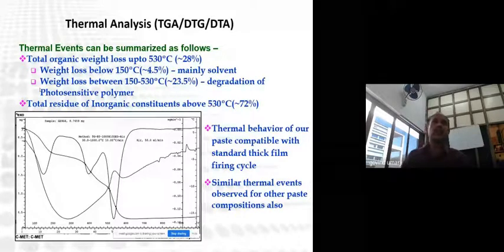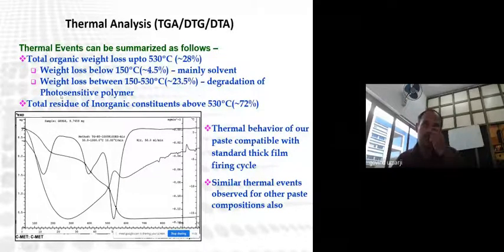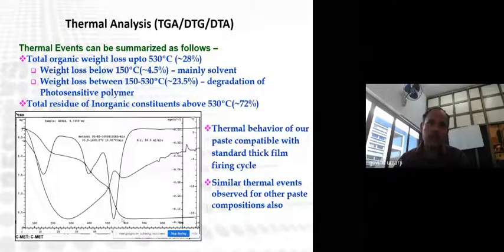Then we saw what thermal events are observed during the firing process. In this case, total organic weight loss up to 530 degrees Celsius is 28%. We have to analyze how this behaves.